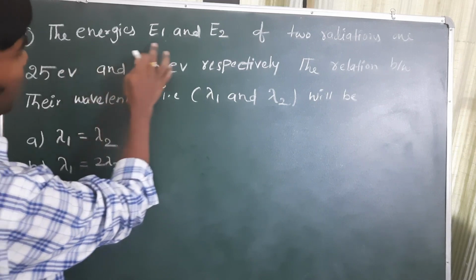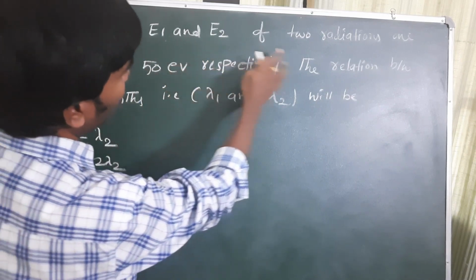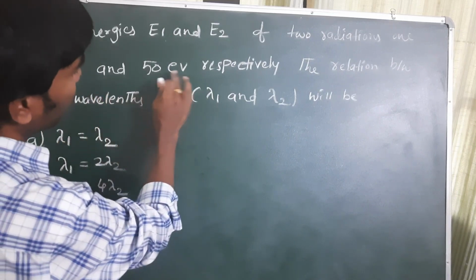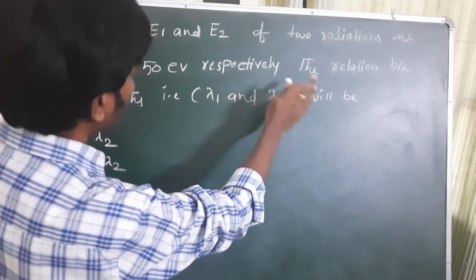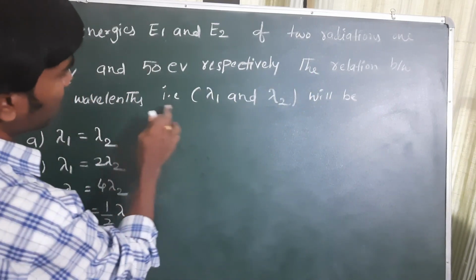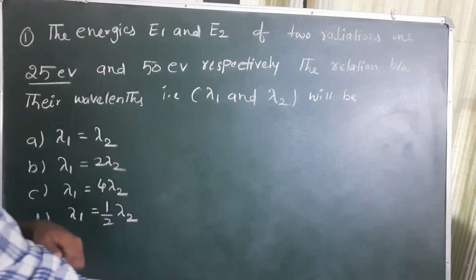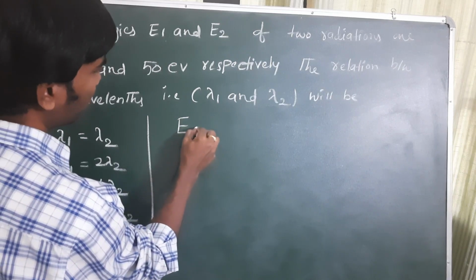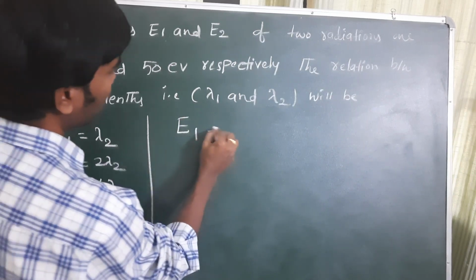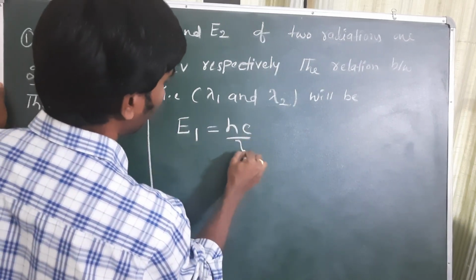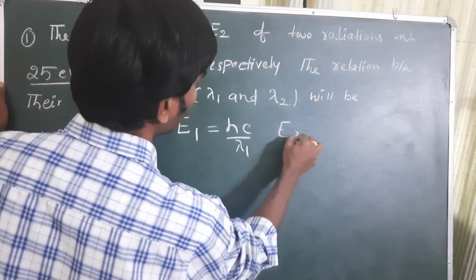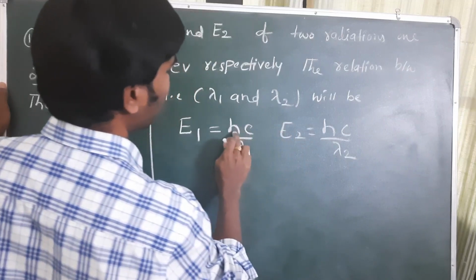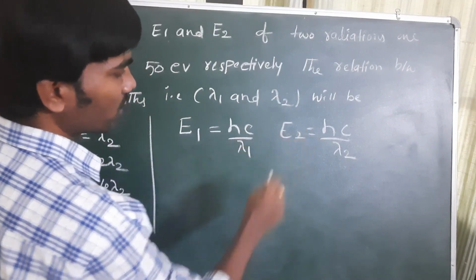Next question: the energies E1 and E2 of 2 radiations are 25 electron volt and 50 electron volt respectively. The relation between their wavelengths, lambda 1 and lambda 2, will be. We have a formula regarding energy. E1 is equal to hc by lambda 1, and E2 is equal to hc by lambda 2, because Planck's constant and light velocity both are constants.